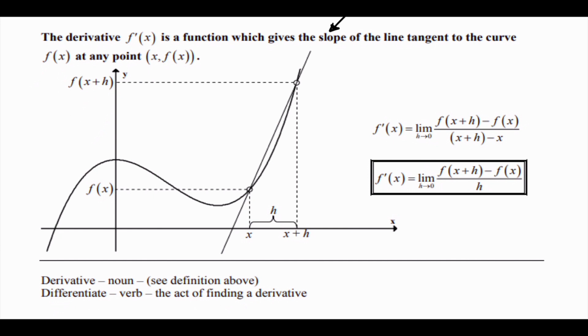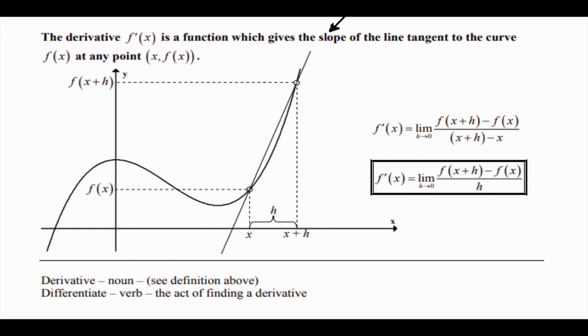The derivative f prime of x is a function which gives the slope of the tangent line to the curve f of x. A derivative equation or a derivative function, or sometimes called a differential equation, is the tool we use to find the derivative.